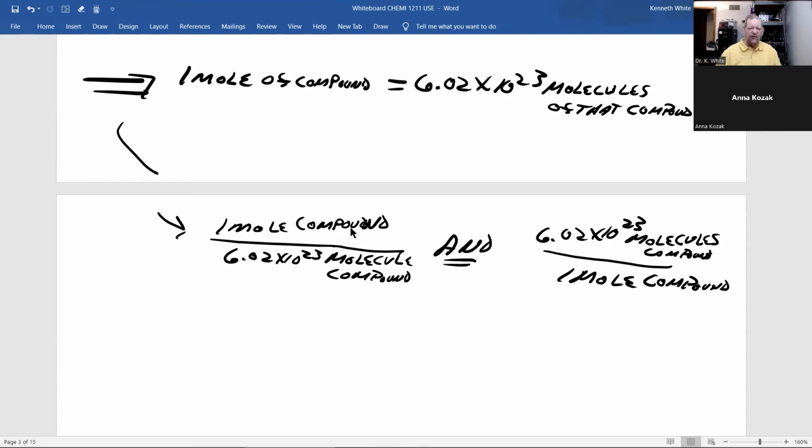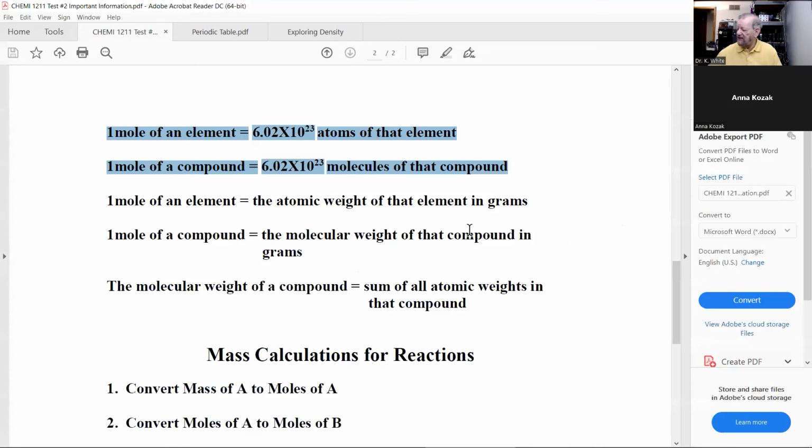So whenever you have two things equal to each other, you can have two ratios, which I did: the left over the right, and the right over the left. And as I said earlier, in important information, I will give you 1 mole of an element equals 6.02 times 10 to the 23rd atoms of that element, and 1 mole of a compound equals 6.02 times 10 to the 23rd molecules of that compound.